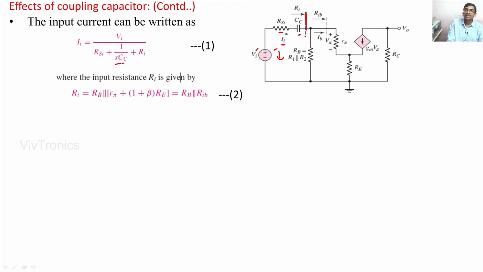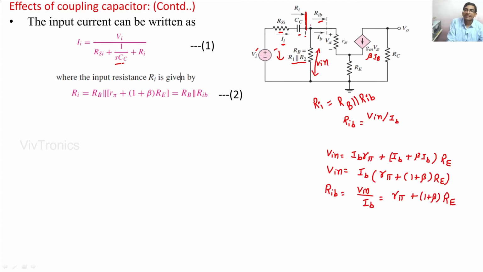Here, the input resistance Ri is a parallel combination of R1 parallel R2 with the input resistance of the amplifier, Rib.